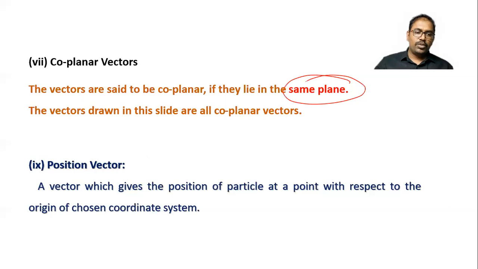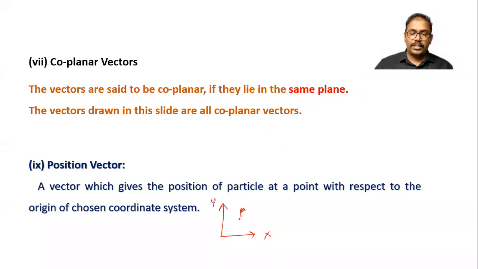The next one is the position vector. A vector which gives the position of a particle, the position of an object with respect to the origin, is called a position vector. For example, let me tell you an example of a position vector. This is the x-axis, this is the y-axis, this is point P, whose coordinates are x and y.